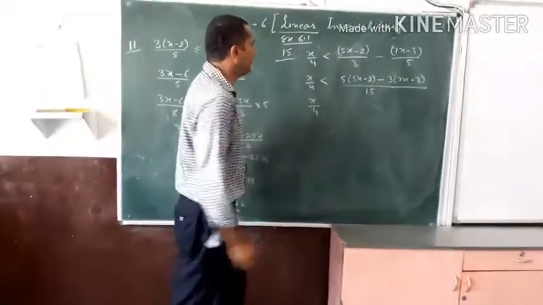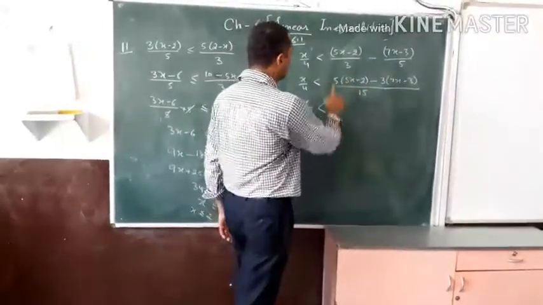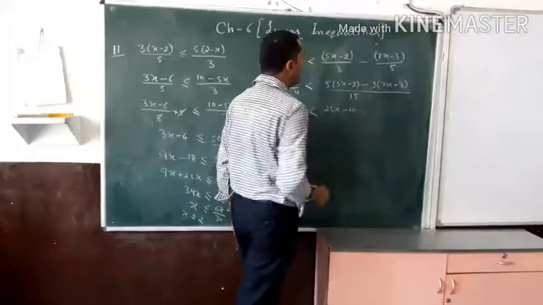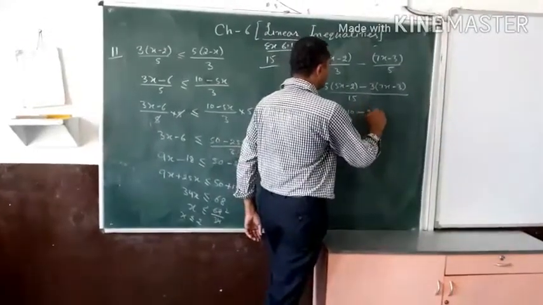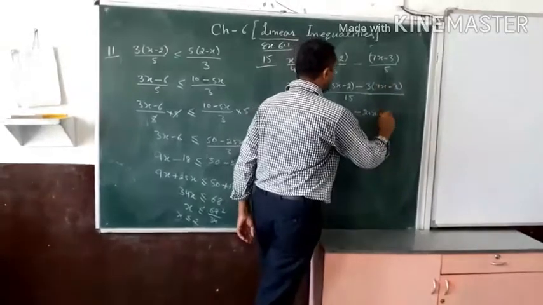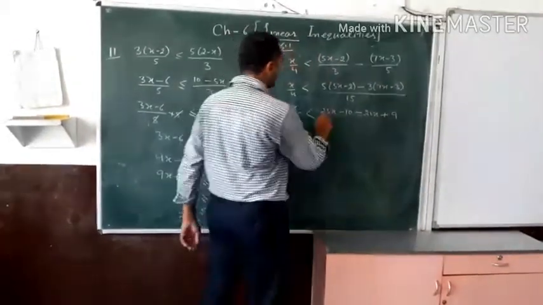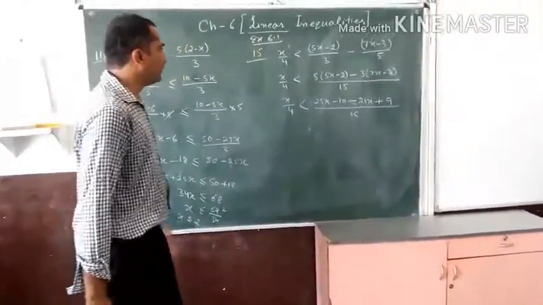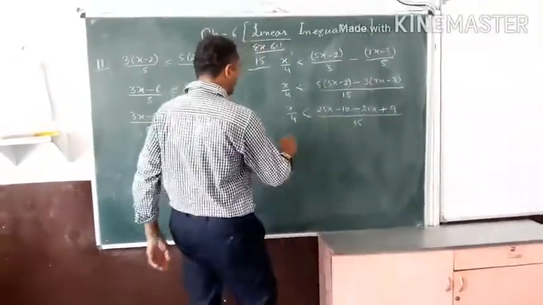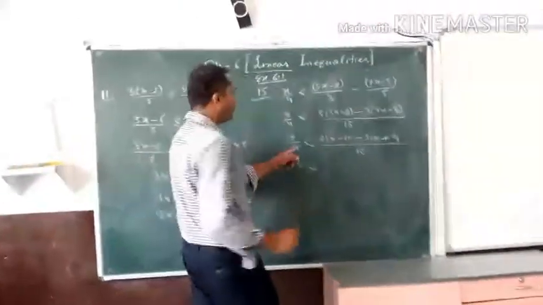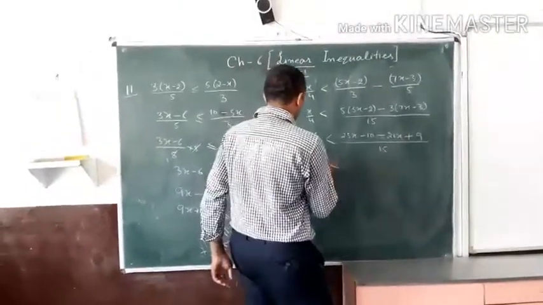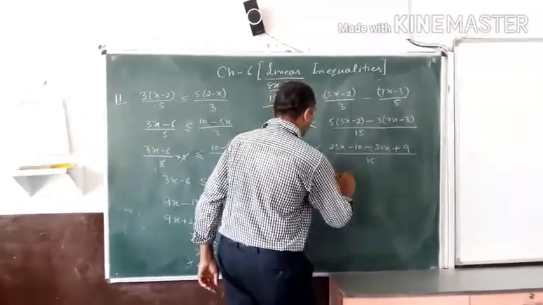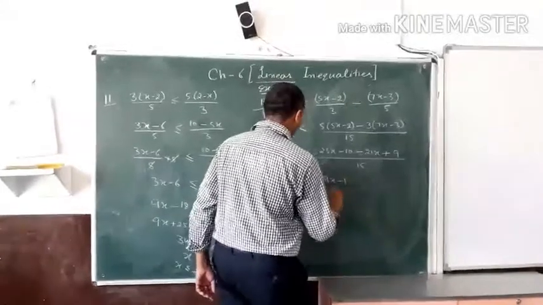Multiplying, 5 5s are 25x minus 10 minus 21x plus 9, divided by 15. So multiply this 15 by this: 15x over 4, it will be 25x minus 21x, 4x minus 1.